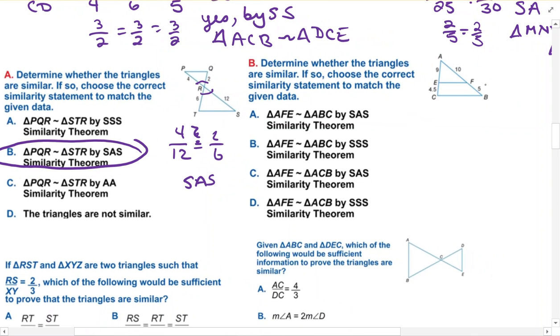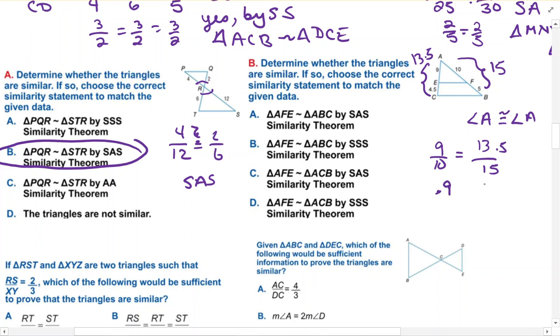In this one, we know that angle A is congruent to angle A if we broke these two triangles apart, the smaller one and the larger one. This whole side is 15. This whole side is 13.5. So we want to know, is 9 over 10 equal to 13.5 over 15?